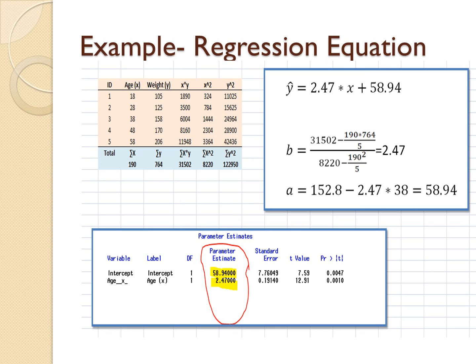So according to the calculation, our regression equation is 2.47 times x, any value of x, plus 58.94. So it means that I could plug in any value of age that I want and be able to predict what the weight for that specific x would be.